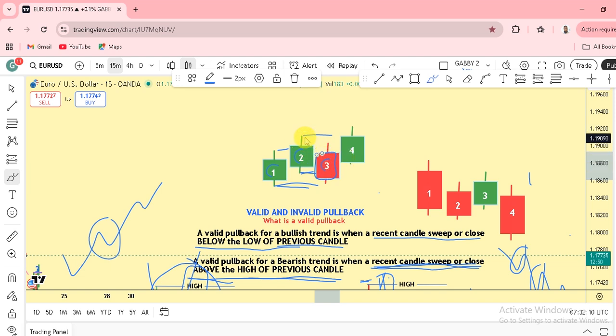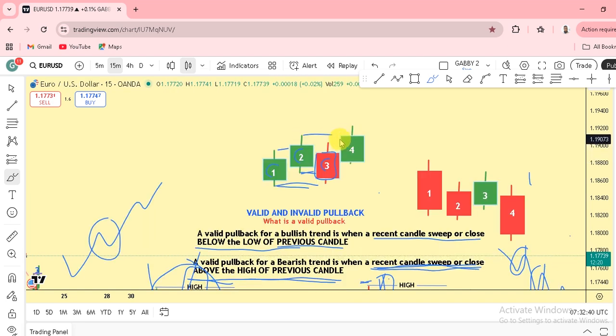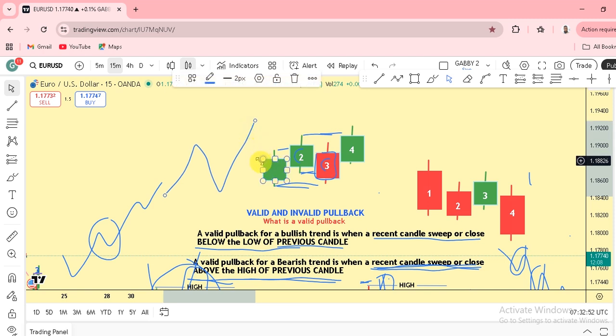In this case, we can say we have a pullback, but it is not yet confirmed until the next candle goes above to continue the trend. Our candle four closes above this. So we can now say we have something like this, and like this. If we move this outside, you can see that we now have this setback.